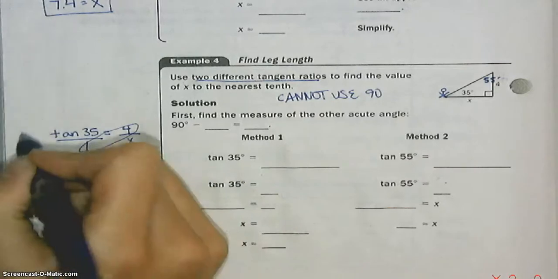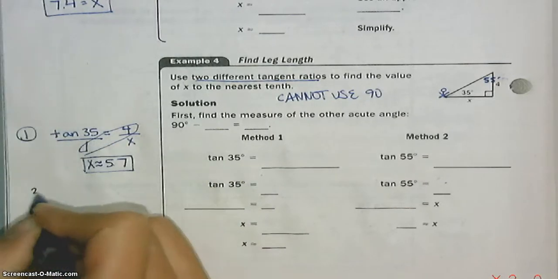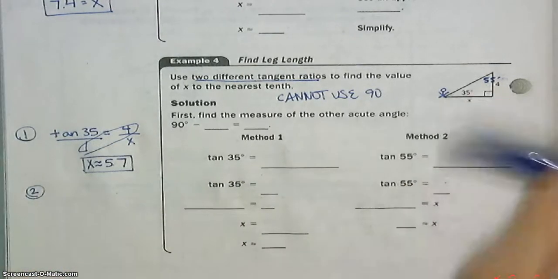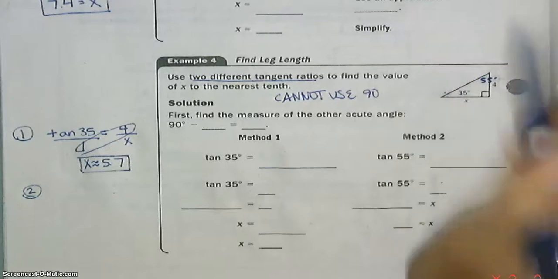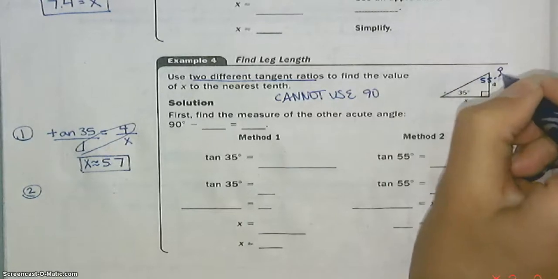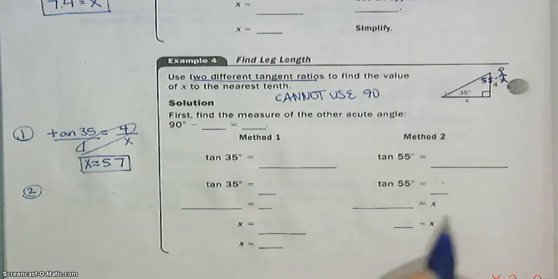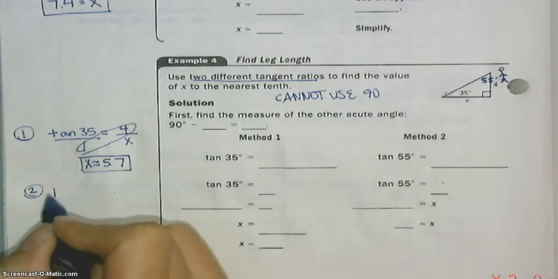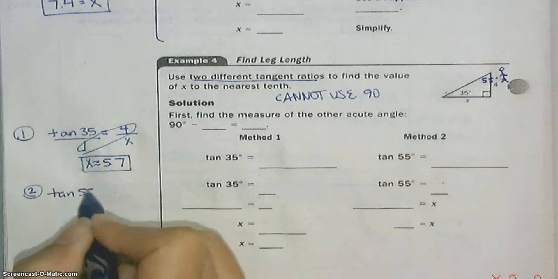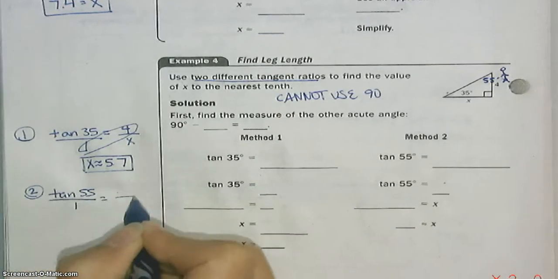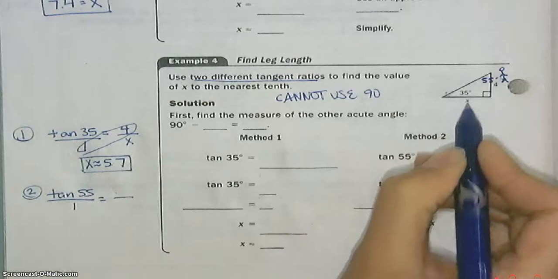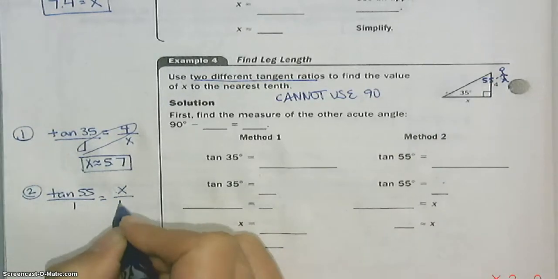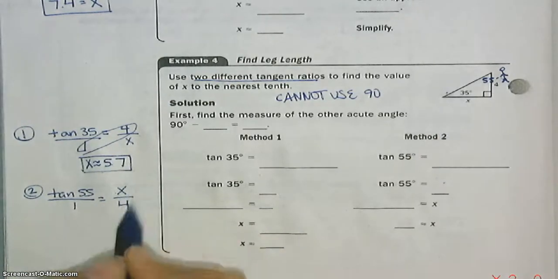Or the other way, so this is one way I could do it. The second way is I could stand at 55. So imagine we're over here, and I'm going to do the tangent of 55. So tangent of 55 equals the opposite. Now the opposite is x over the adjacent, which is 4.